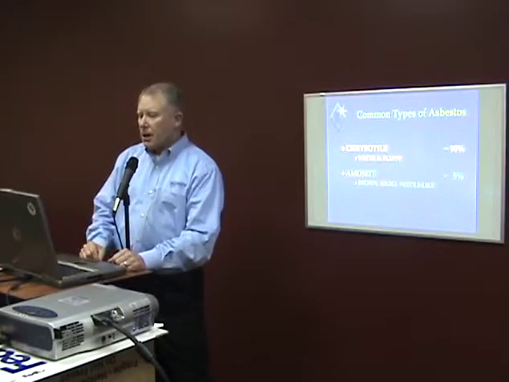Amosite is also identified by a lot of people as brown asbestos. It's commonly called brown asbestos, and it's a much more rigid type of asbestos. We talked a little bit earlier about a fiber being something that looks like a needle. Well, if you look at asbestos fibers for amosite underneath the microscope, they actually do look like little bitty needles.